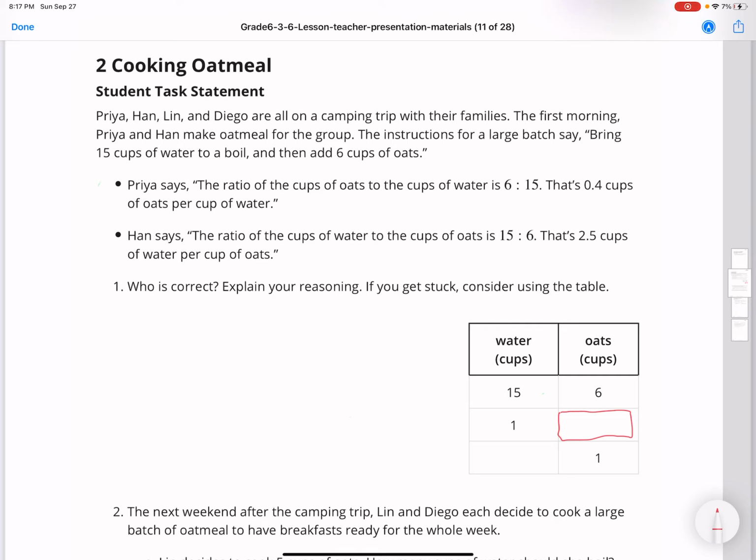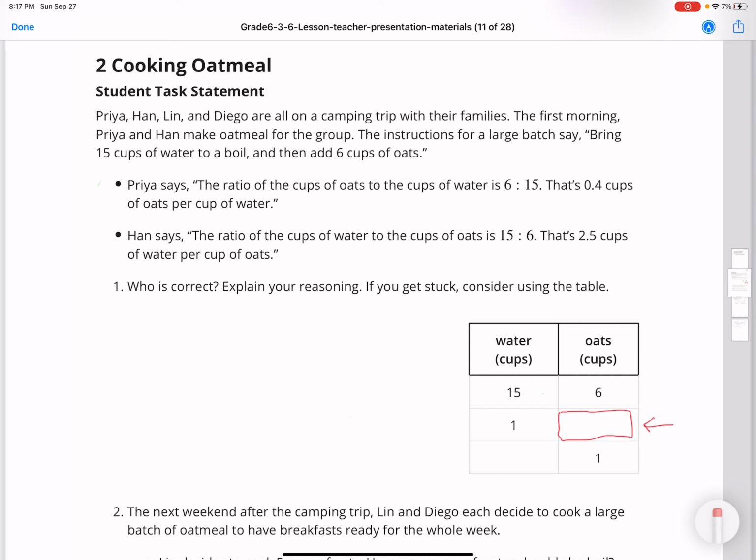Okay, so here is the first ratio, 15 cups of water to 6 cups of oats. Now for the next ratio, it's saying 1 cup of water, and it wants us to guess this number right here. So I have to figure out, what made 15 go to 1? What can I divide 15 by to make it go to 1?